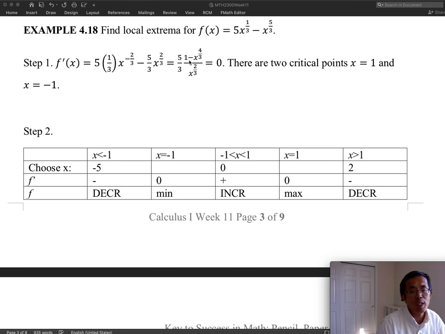For the numerator part, it is x to the power 4/3, so -5 to the power 4/3 is still positive, it is greater than 1. But 1 minus something greater than 1 will be negative, right? So the derivative for any x less than -1 is negative. So the function is decreasing.